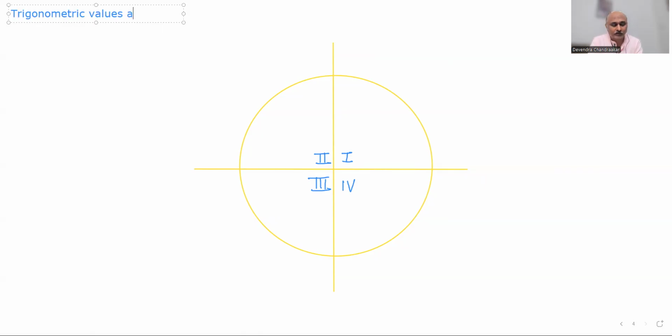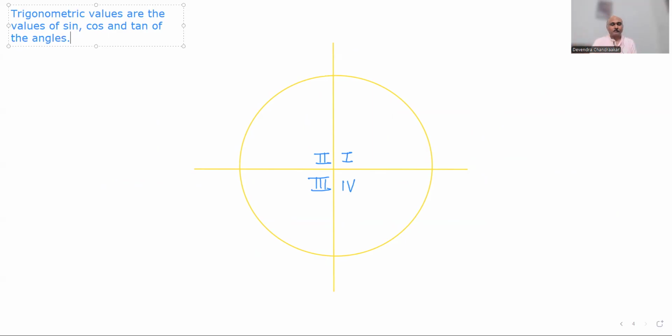So trigonometric values are the values of sine, cos and tan. Of course there are also cosec, sec and cot, but we will focus only on these three functions. Values of sine, cos and tan of the angles, right? So whenever I say trigonometric values, your mind should automatically click with sine, cos or tan value.